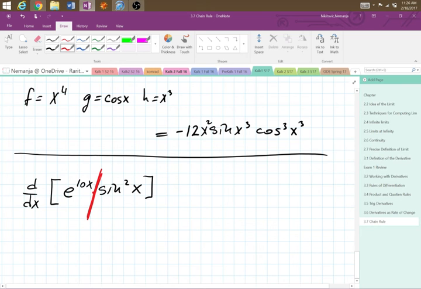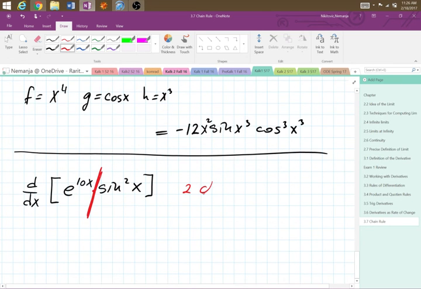So I will write that this is two chains in a product. And I'll put the red dot there, which might help. So this is f and g, and then each one of those breaks into two when you take their derivatives.